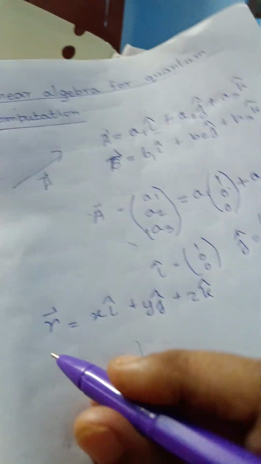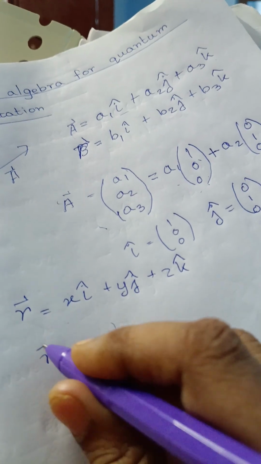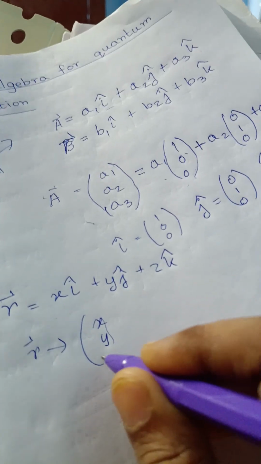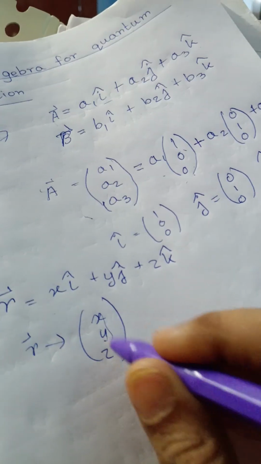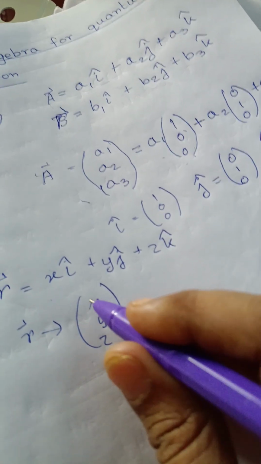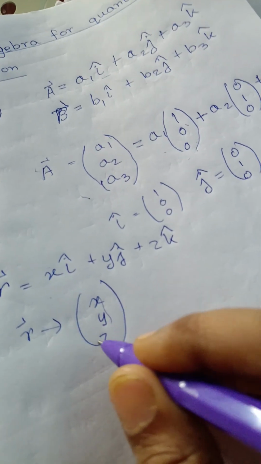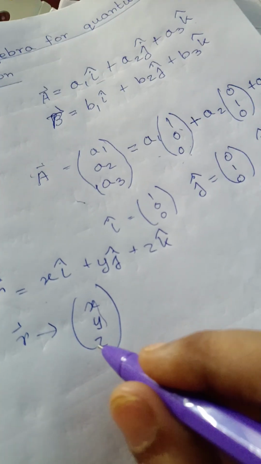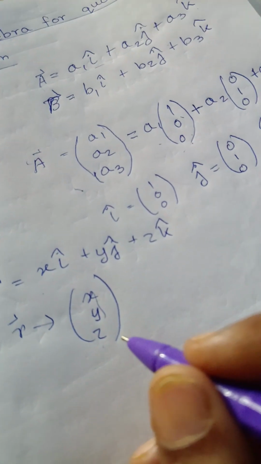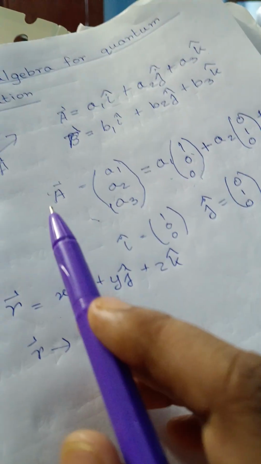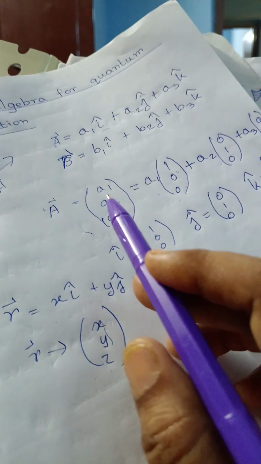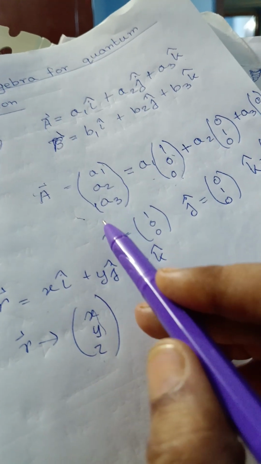In the language of linear algebra, how will we represent r vector? It will be represented as the column matrix x, y, z. The first component represents the x component, the second the y component, and the third element the z component. So for representing a three-dimensional vector, we have a column matrix having three elements.